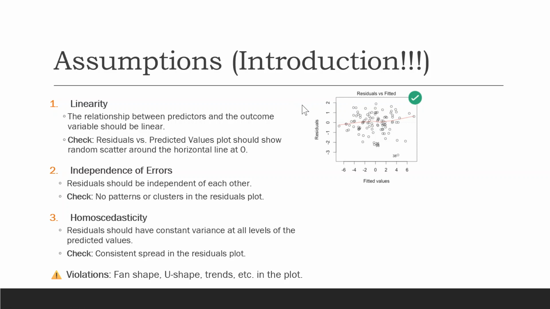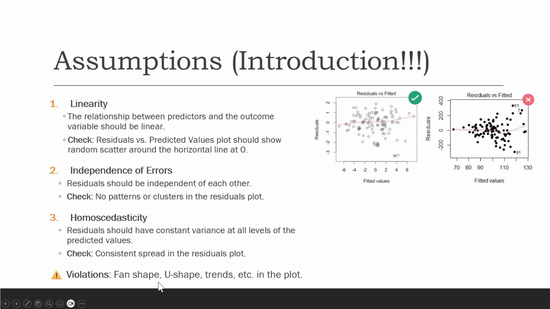What's traditionally taught is that we may see a fan-shaped graph or a U-shaped graph. It may be upside down U. If there's trends in that residual versus predicted values scatter plot, that's evidence that these assumptions are violated. And so I have a couple of graphs here. For instance, here, probably in algebra, you didn't think about anything being fan-shaped because it wouldn't be a function in algebra.